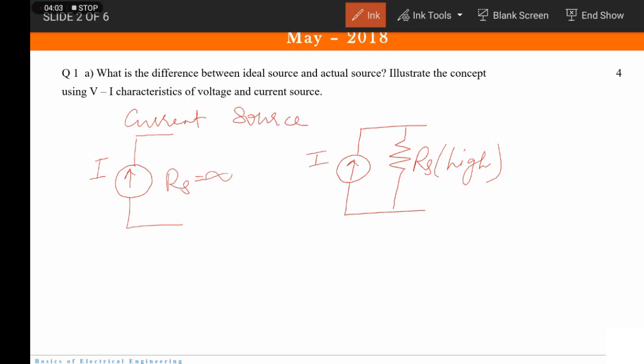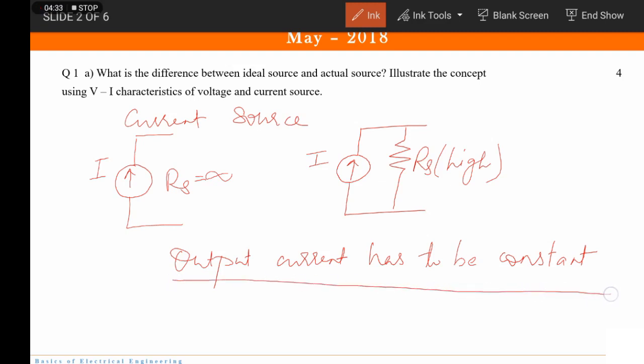Again, for a current source, the output current has to be constant. No matter any parameter changes, my output current has to be constant always.